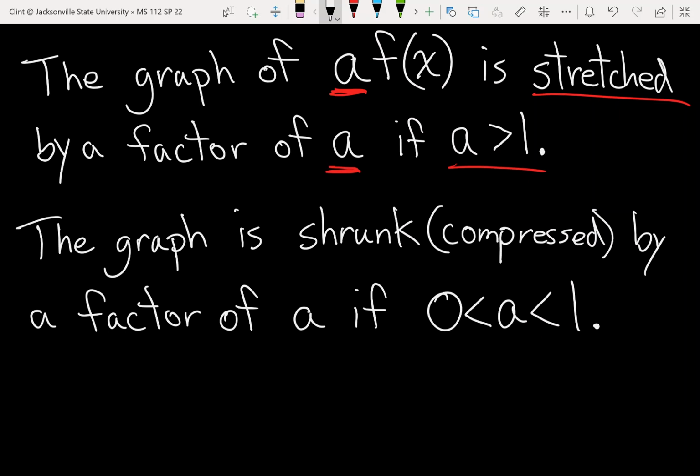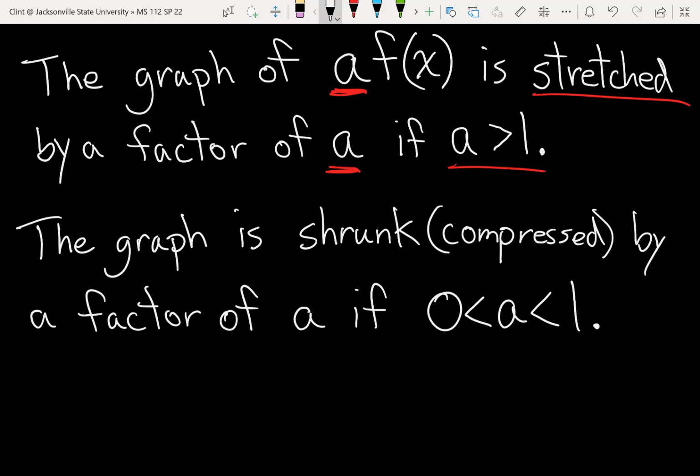So like a fraction, that's smaller than 1. Like if we multiply our function by 1/2, then that's going to make it smaller. If you take half of something, it's going to make it smaller. So if we take 1/2 of our graph, it's going to be compressed or shrunk.